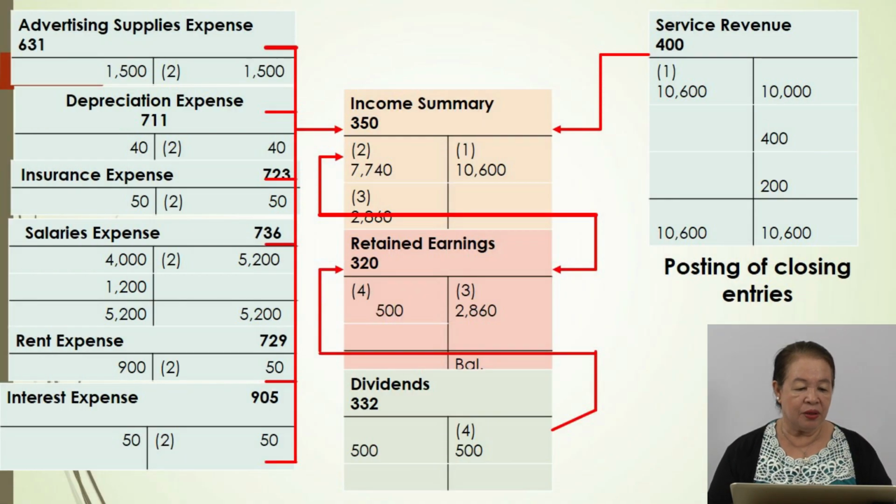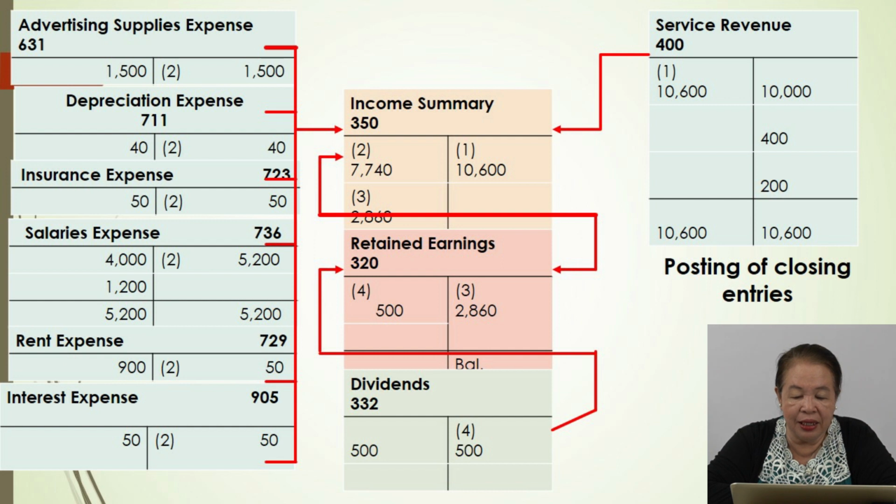Okay. So, this is the example natin. No? So, for the advertising supplies expense, magkano yung expense natin? 1,500. No? So, lahat yan, iisang total lang yan, pupunta yan sa income summary. No? So, magkano yung total yan? 7,740. Ang service income natin is 10,600, no? Kasi nakita natin may adjusting entries tayo kanina na 400 at saka 200.